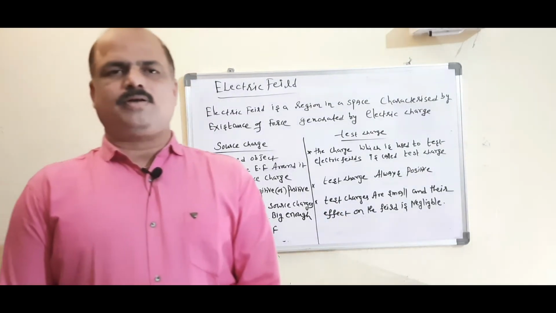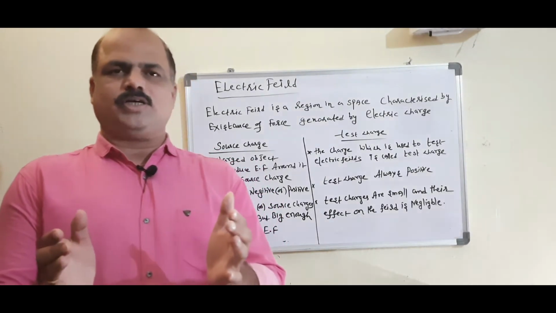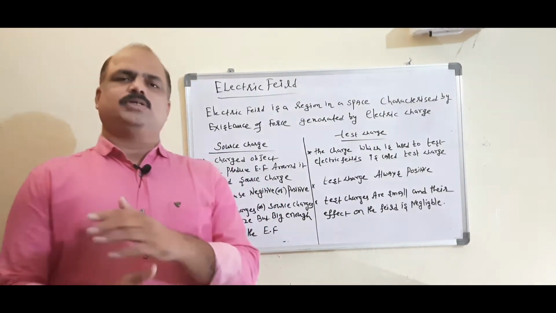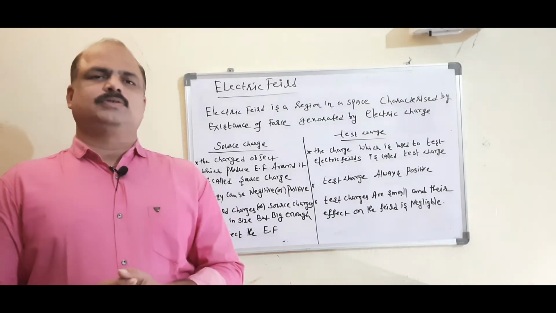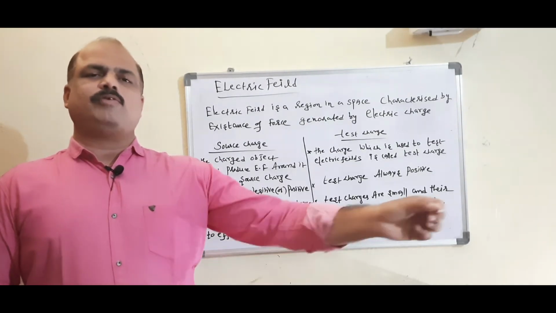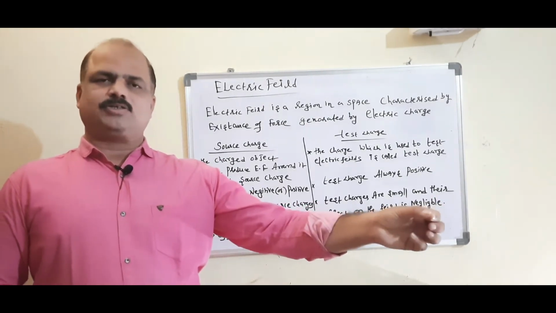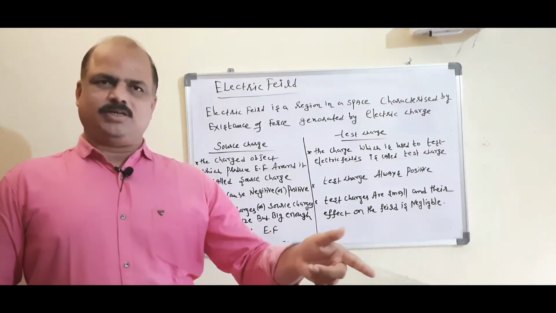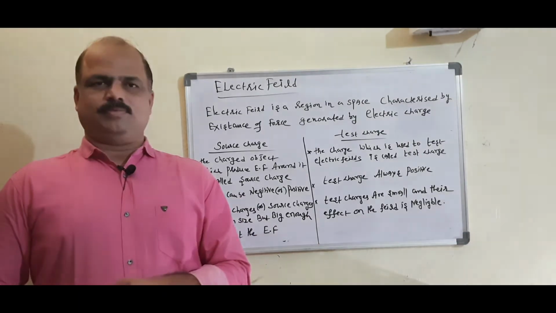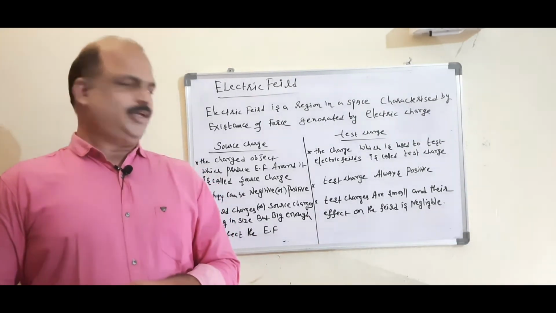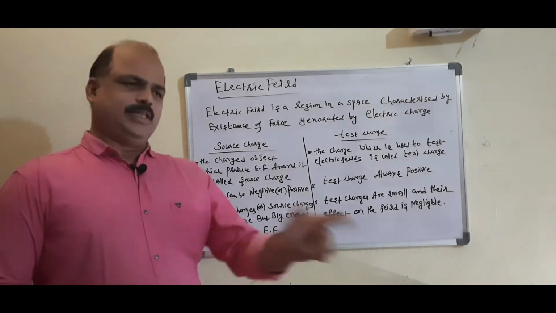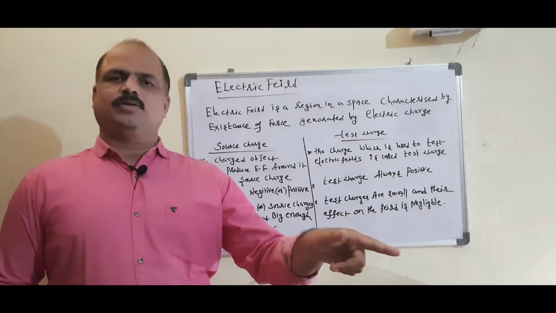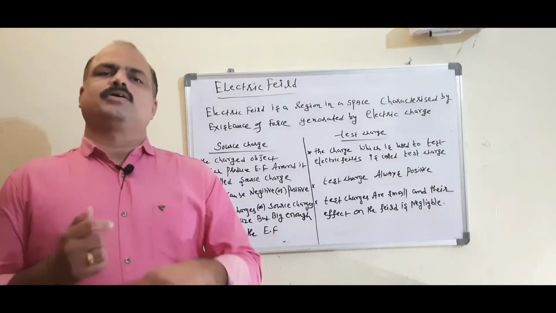That means whenever we place a source charge at some point, it produces an electric field around it. To test that electric field, we place another charge, that is, the test charge, but this test charge's influence is negligible. Its effect on the electric field is very small.